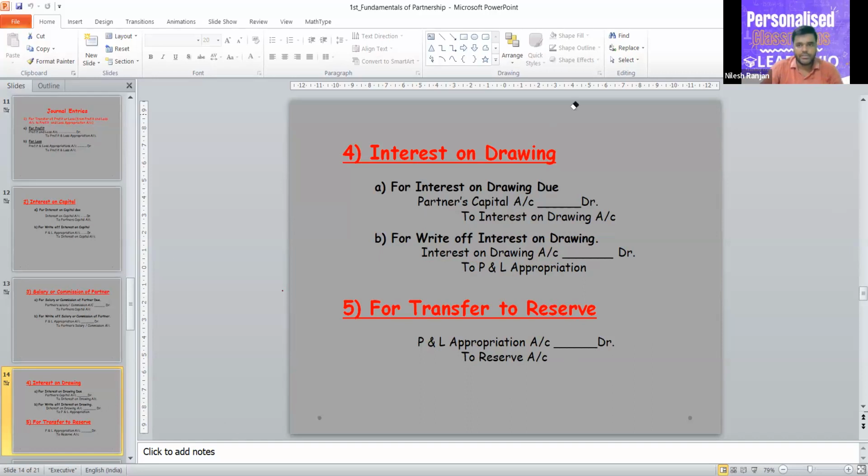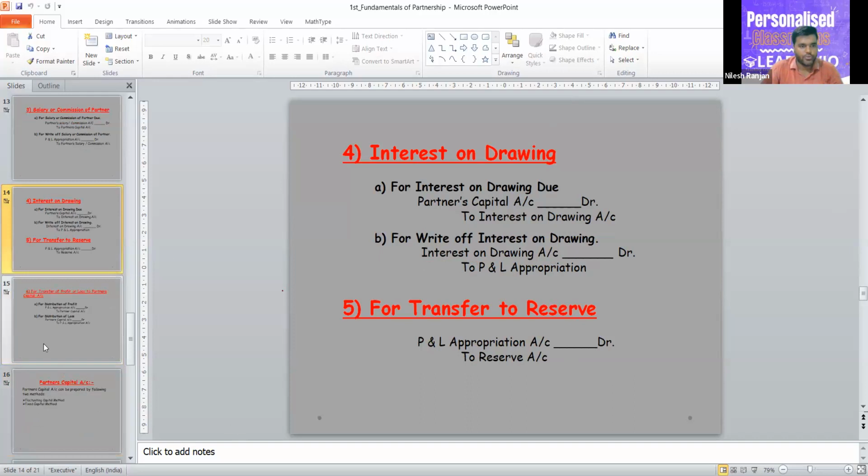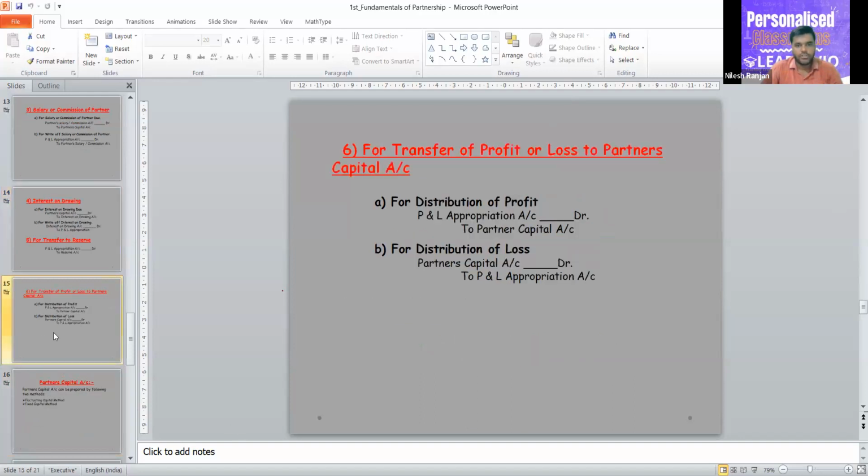The next entry is for distribution of profit or loss. Profit and loss appropriation account debit to partners' capital for distribution of profit, and partners' capital account debit to profit and loss appropriation account for distribution of loss. If there are 3 partners, then you have to write the name of each partner.